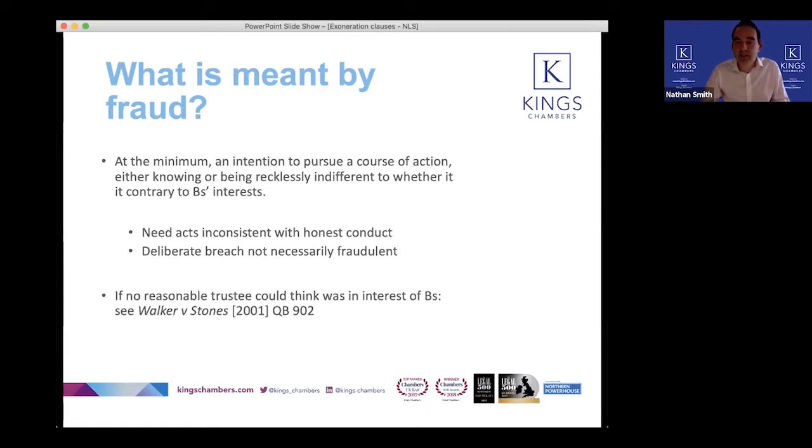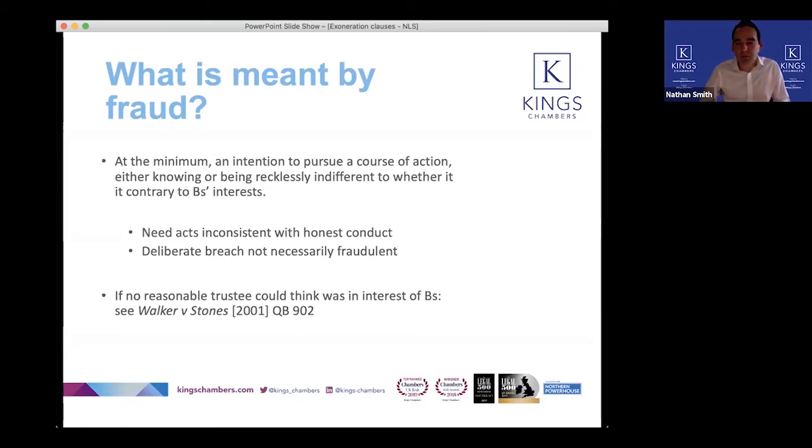And if he or she acts in a way which they do not honestly believe is in their interests, then that is acting dishonestly. And it doesn't matter, in fact, if the trustee stands to gain personally from the breach of duty or not. And therefore, a trustee who acts to benefit third parties, for example, is nonetheless acting dishonestly.